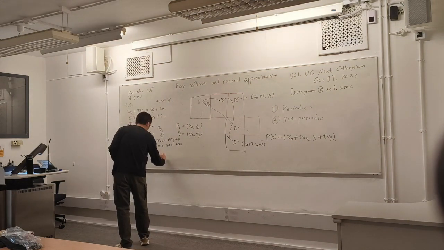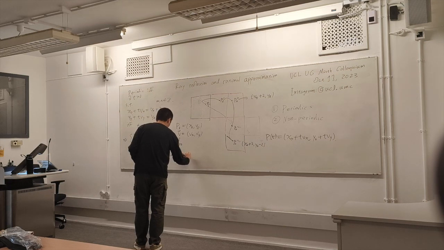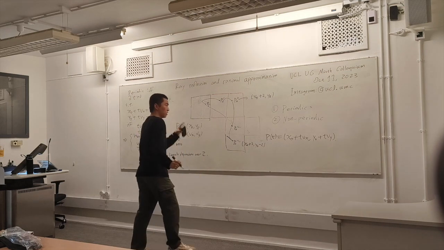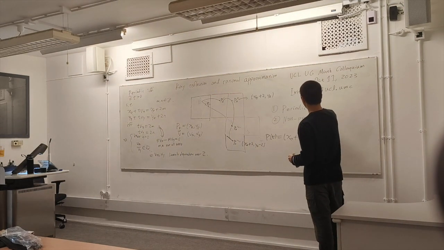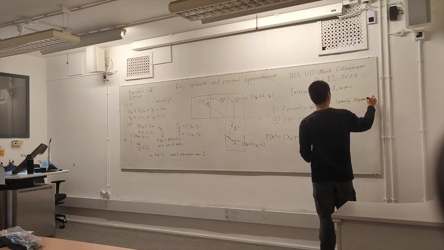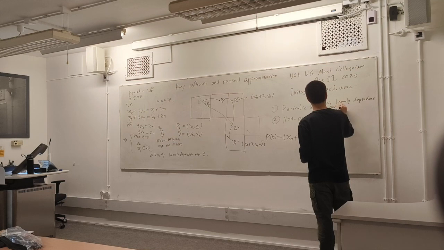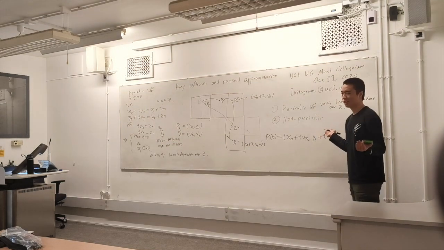So Vx, Vy linearly dependent over integers, over Z. So we can write the condition here: periodic if and only if Vx, Vy are linearly dependent over integers. So that actually finishes the first part of our talk.